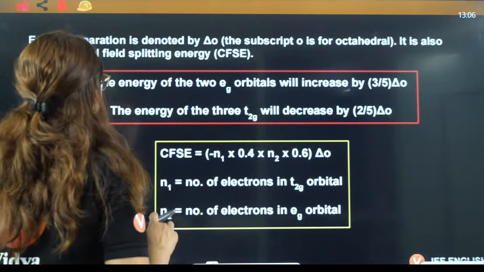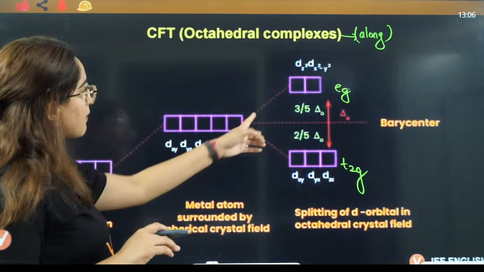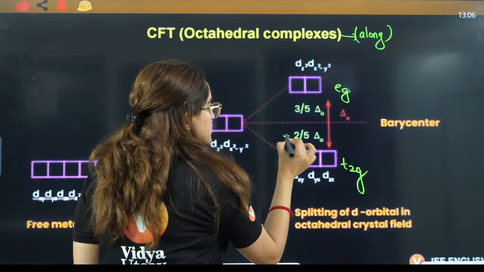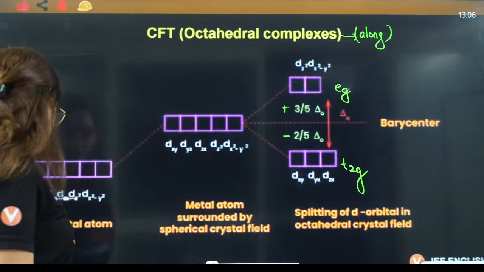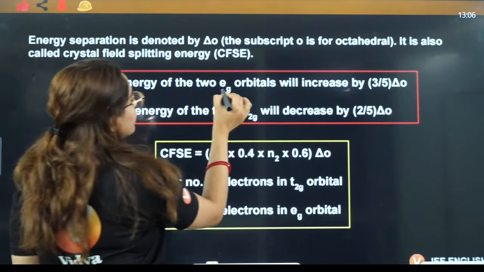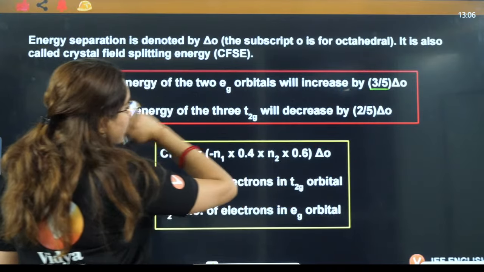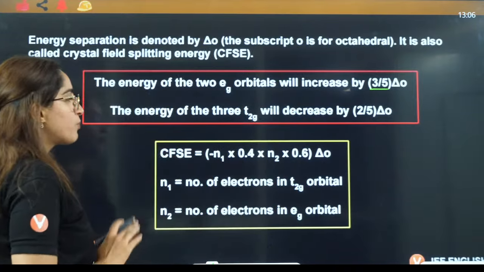Right, now if I talk about these two energies here, we have Eg and T2G. T2G is minus 2 by 5 and Eg is plus 3 by 5. So that is why we say that the energy of two Eg orbitals is increased by plus 3 by 5 and T2G is decreased by minus 2 by 5.